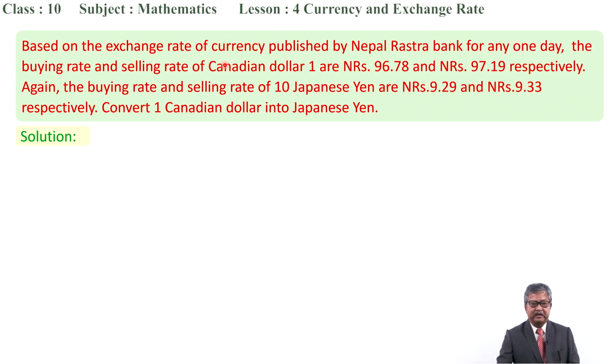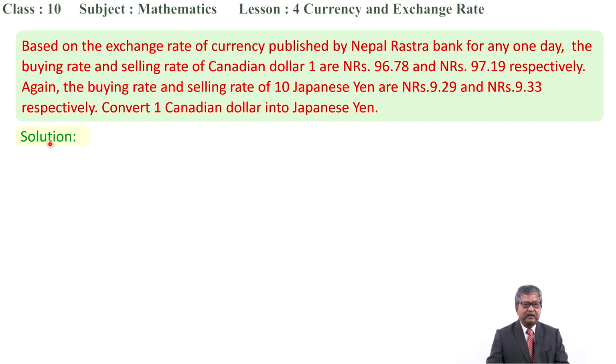Based on the exchange rate of currency published by Nepal Rastra Bank for any one day, the buying rate and selling rate of 1 Canadian dollar are Nepalese rupees 96.78 paisa and Nepalese rupees 97.19 paisa respectively. That means the first one is the buying rate and the second one is the selling rate of 1 Canadian dollar, published by Nepal Rastra Bank.